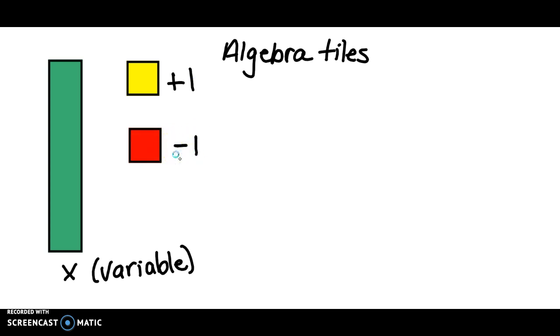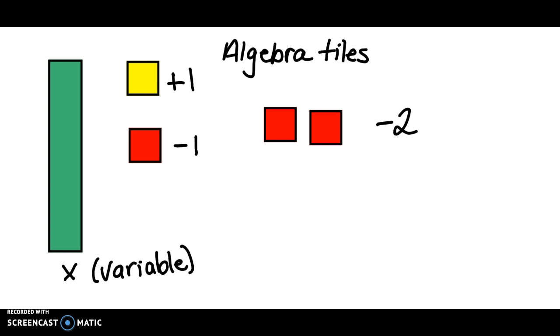So we can use these to demonstrate various expressions. So for example, if I had 2 red ones, what expression or term would that be? Well, you have 2 red ones, and they're both negative, so you have -2.